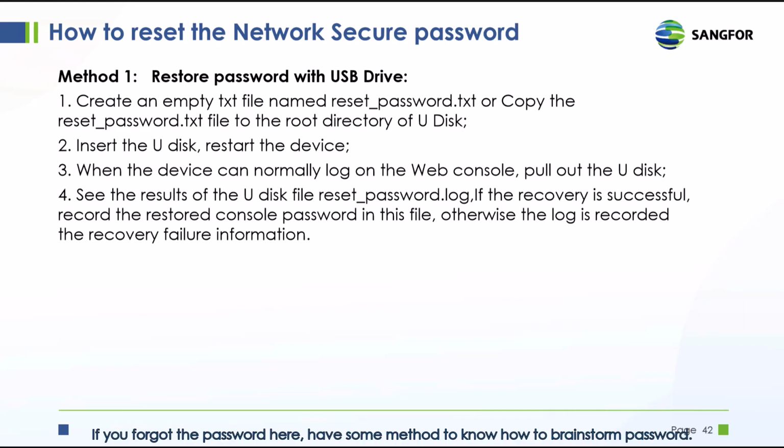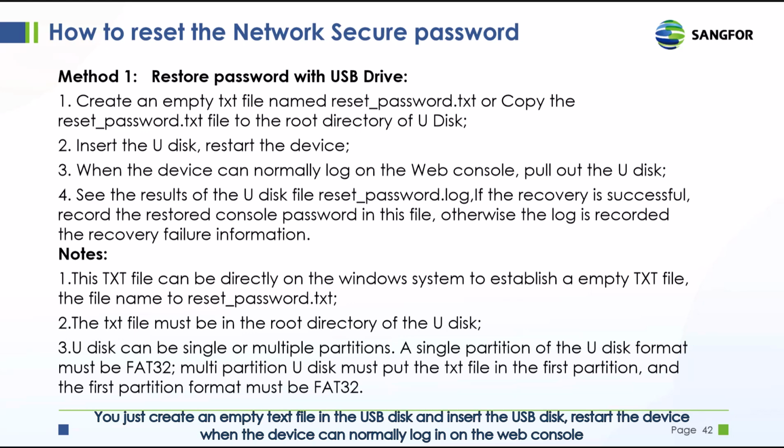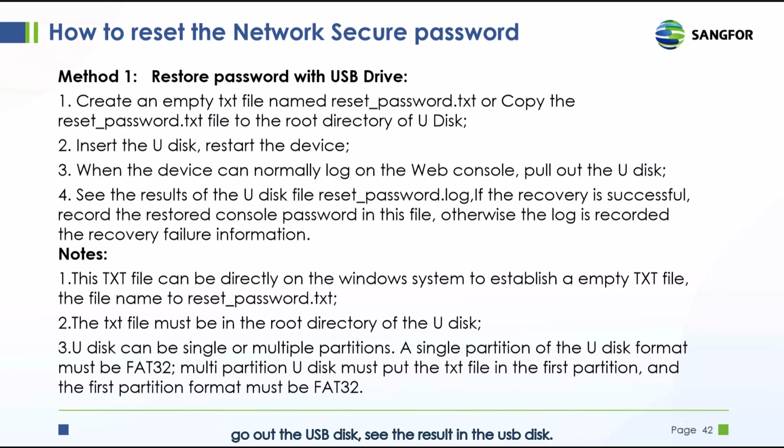If you forgot the password, here is a method to reset the password. First, you can restore the password with a USB drive. Create an empty text file on the USB disk, insert the USB disk, and restart the device. When the device can normally log in to the web console, take out the USB disk and see the result on the USB disk.